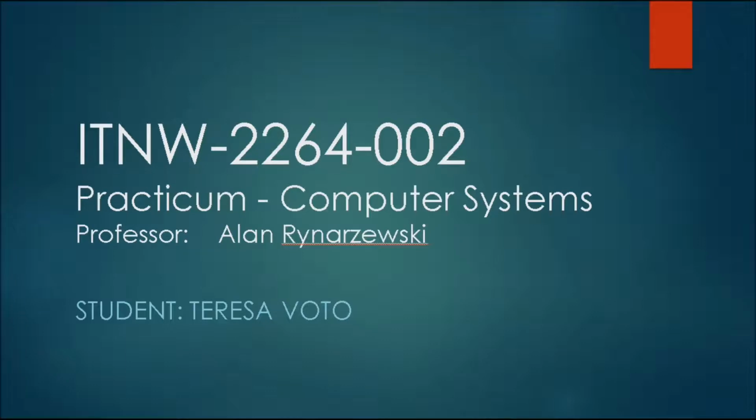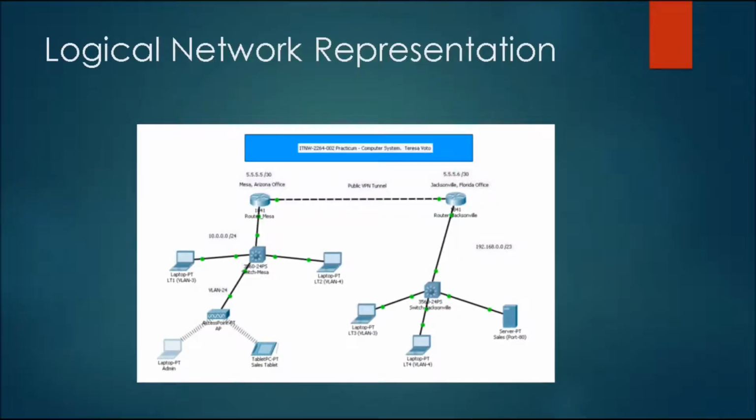The business requirements are: create three VLANs, VLAN 3, VLAN 4, and VLAN 24. Allow all computers and laptops in Arizona to connect to the web server in Florida.